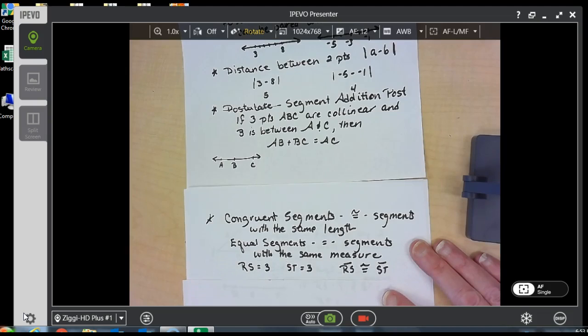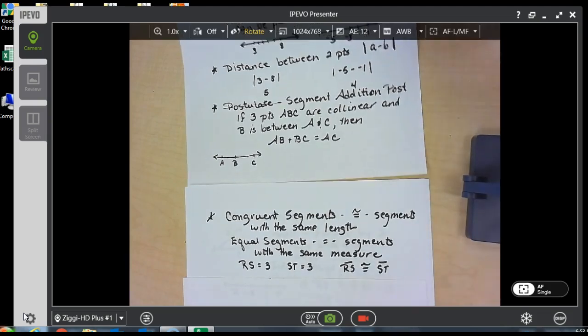So if we're talking about having the same measure, we use no line segment atop. This would mean the measure of segment RS is a length of 3, ST has a length of 3. So line segment RS would be congruent to line segment ST. The physical line segments are the same length.